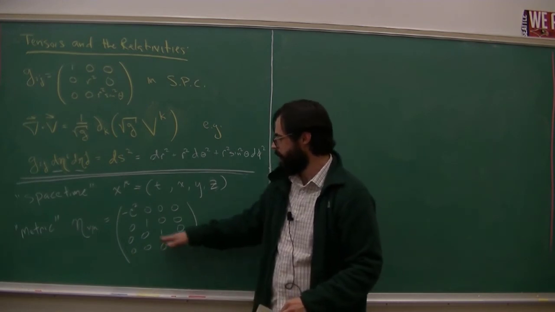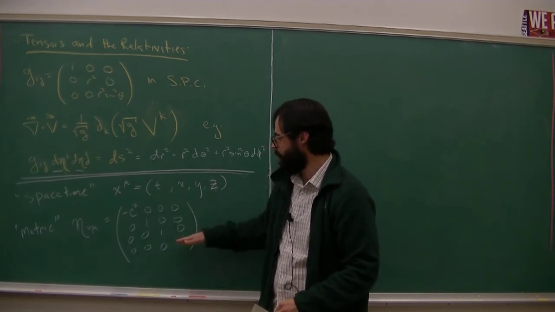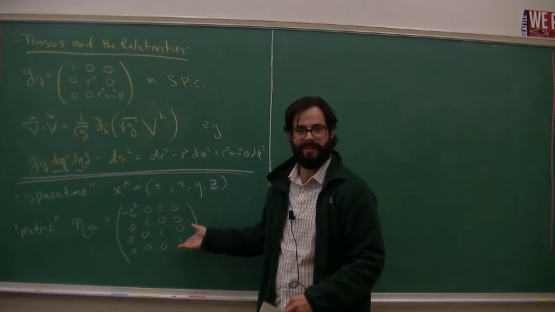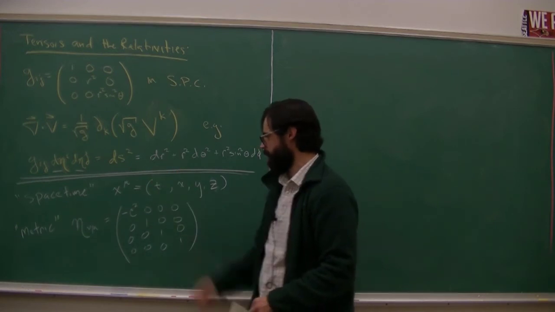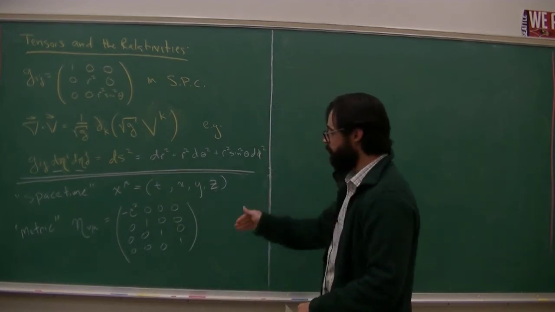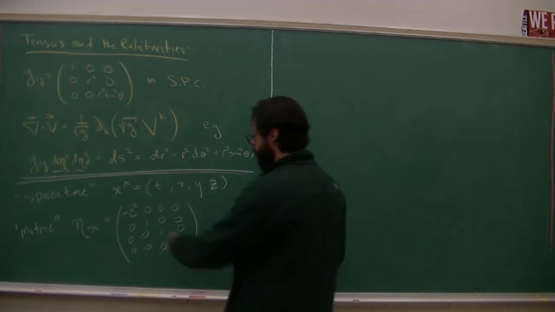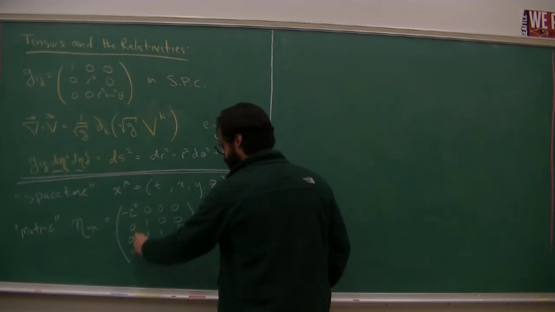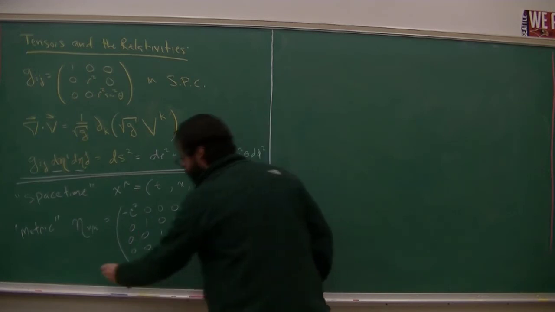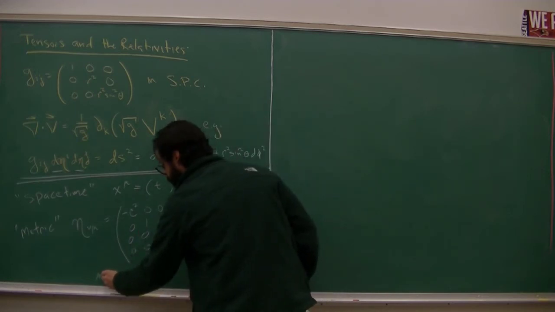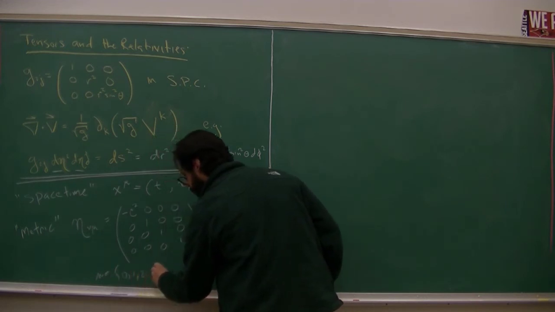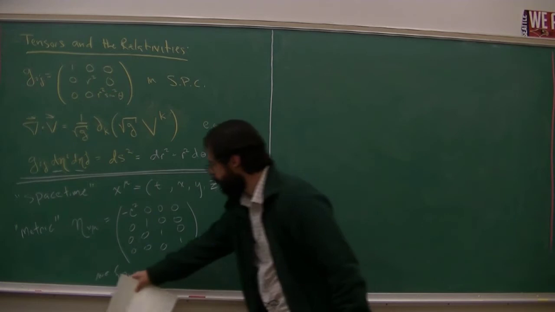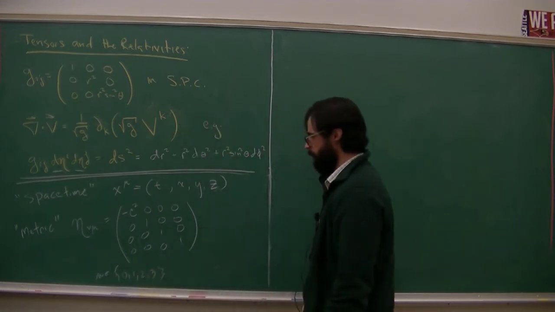I kind of like putting the plus signs there, like a lot of people, because distances are positive in 1D, 2D, 3D, and then suddenly you go to space-time and distances are negative. It just doesn't make a lot of sense to me. But this is the metric, and the idea is that it runs over not just space, so that's this subset of it, but space-time. So in general, our Greek indices, mu and nu, will go between 0, 1, 2, and 3 by convention. So 0 is the time coordinate, and then 1, 2, 3 are the space coordinates.